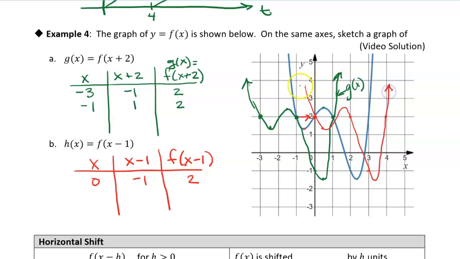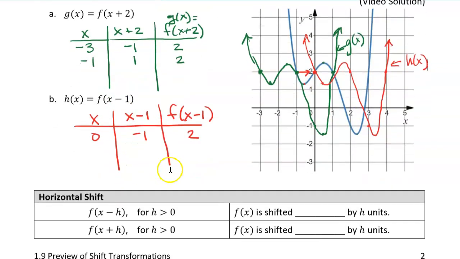So this red graph is the graph of h of x. We just took every point on f of x and shifted it to the right by 1. And so you can see that when we make changes to the input to the function, it shifts it right and left.